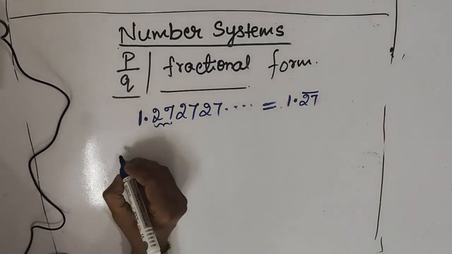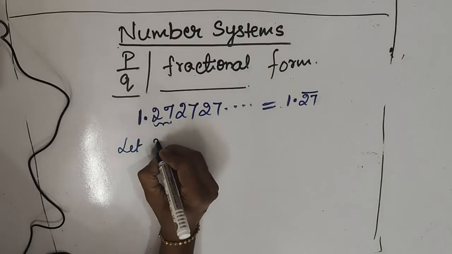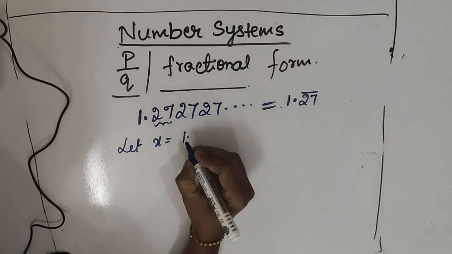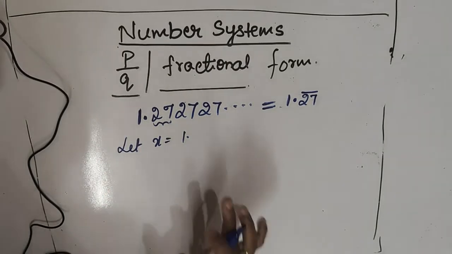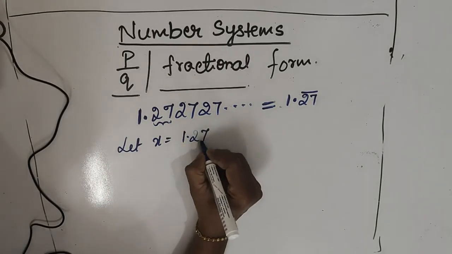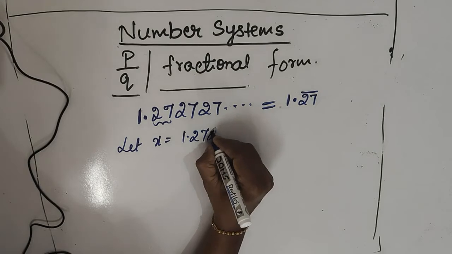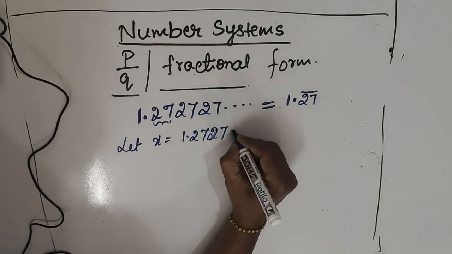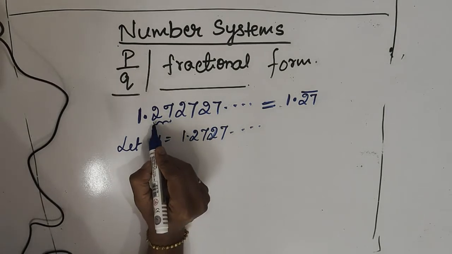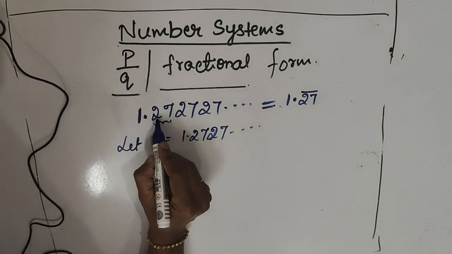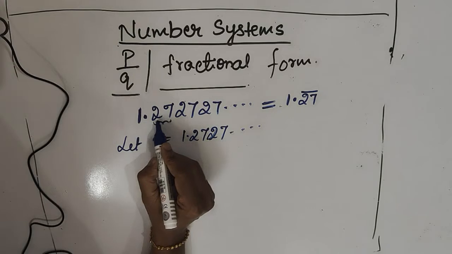Okay. Now the next step: let x equal to 1.272727 so on. Don't think about the 1; there is nothing you have to do with it. It remains the same till the end. Okay, this is x. Now you have to see which numbers are repeating. Not a single number, the first two numbers are repeating.